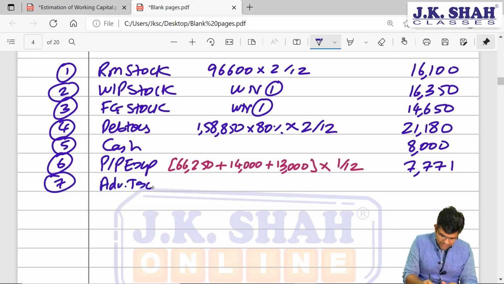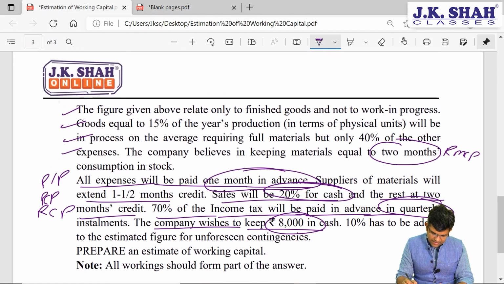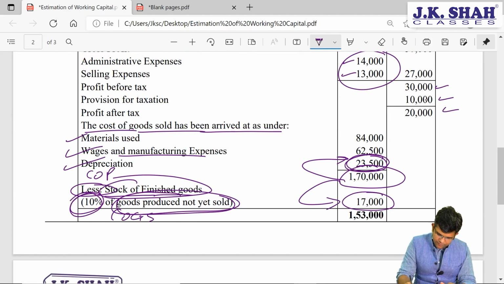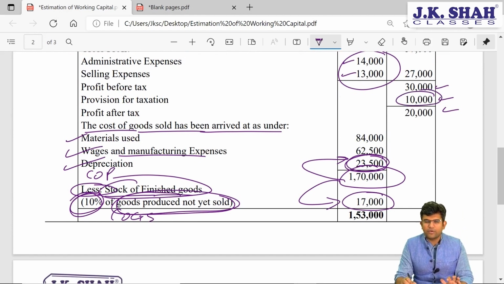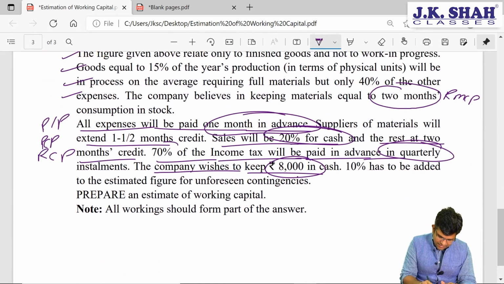Apart from that children, we also have the advance tax. Now as far as advance tax is concerned, do you understand that here the provision for tax taken is 10,000? Okay, the provision is 10,000, and of this 10,000, do you realize that 70% is payable in advance?